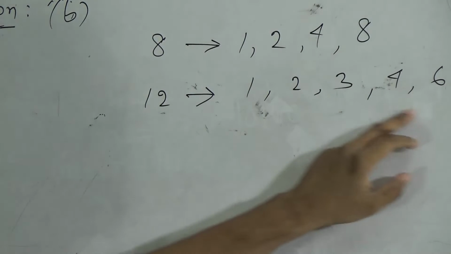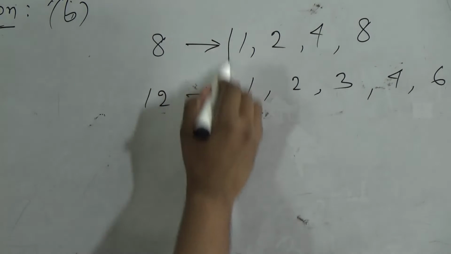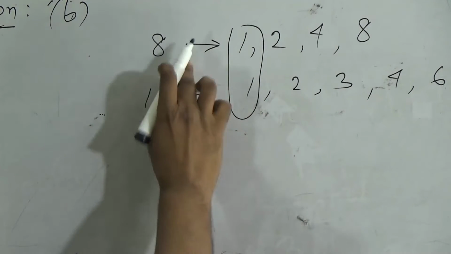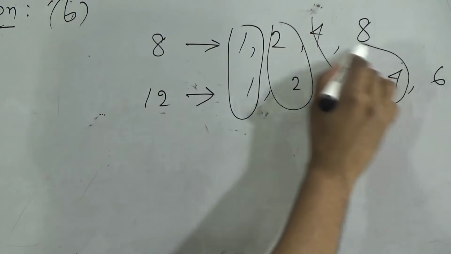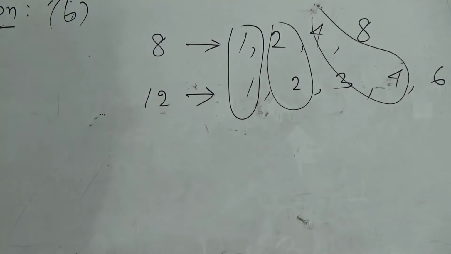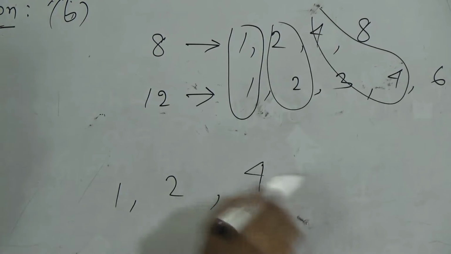Now the common divisors: 1 and 1 are common divisors of 8 and 12, 2 and 2 also common, and 4 and 4 also common. That means the common divisors of 8 and 12 will be 1, 2 and 4.